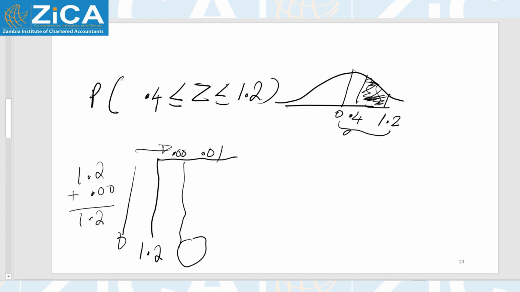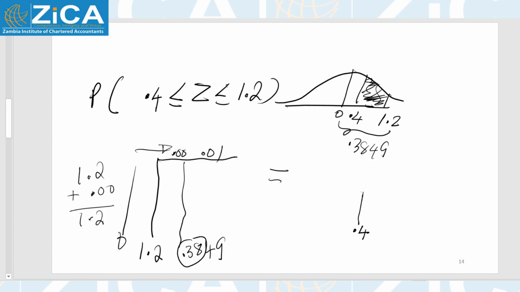So where the 2 intersect, you find where the 2 intersect for the larger one, and this value will be 0.3849. Okay? The larger one, which is from here to there, 0.3849.